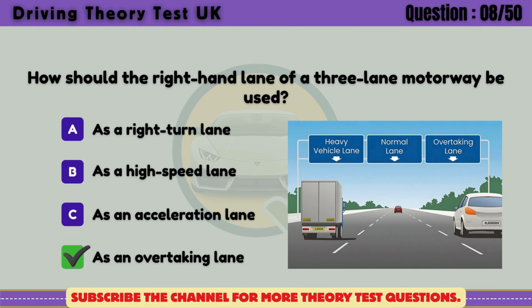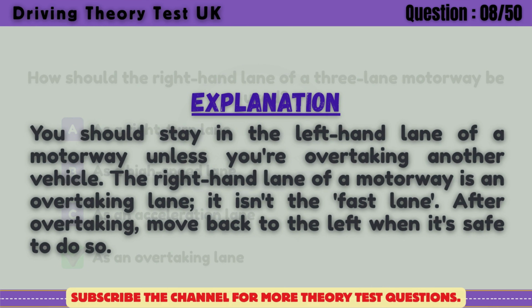Answer is D. As an overtaking lane. You should stay in the left-hand lane of a motorway unless you're overtaking another vehicle. The right-hand lane of a motorway is an overtaking lane. It isn't the fast lane. After overtaking, move back to the left when it's safe to do so.